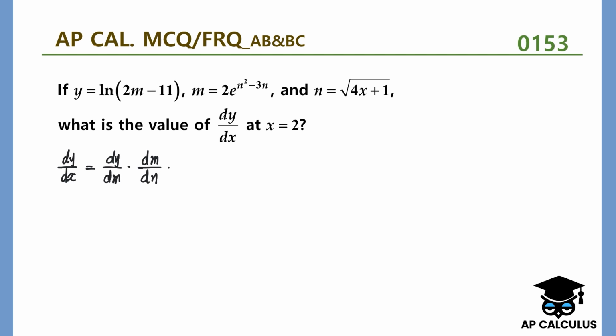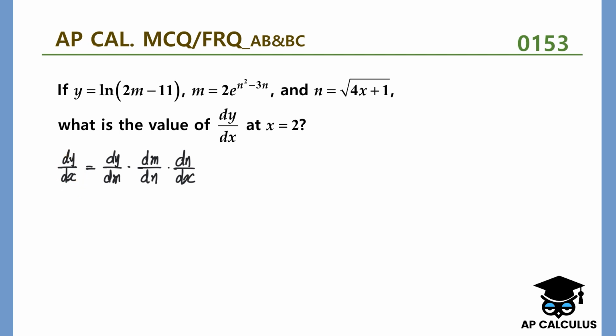And n function is in terms of x, so dn over dx, right? If we simplify this expression, dm cancels out, dn cancels out, right? So this expression is equal to dy over dx.